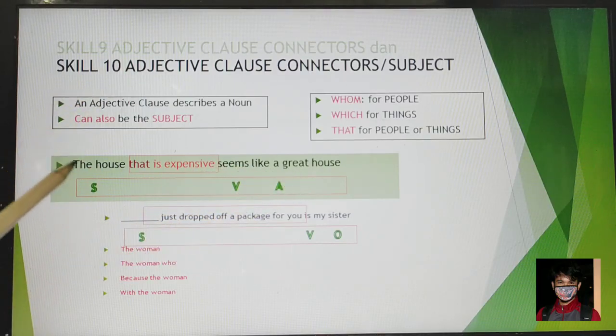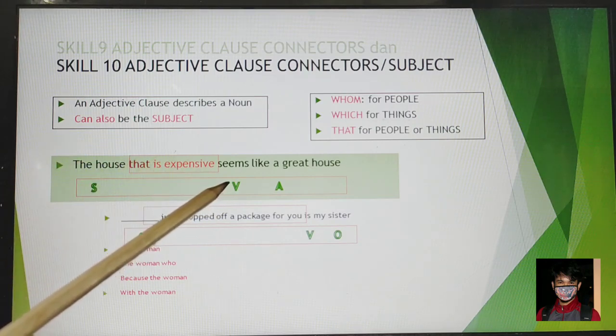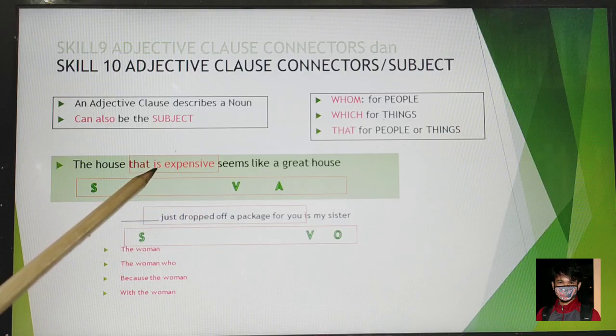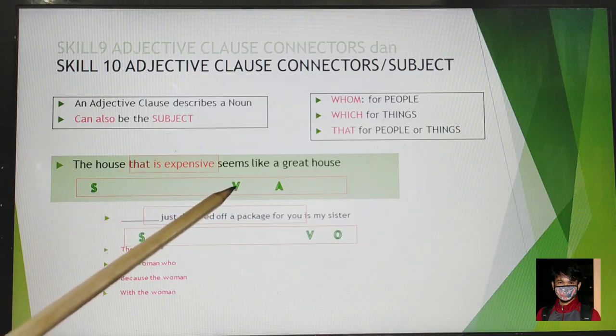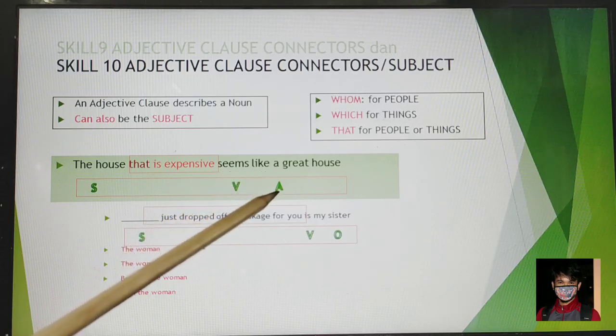The structure of the sentence is: the house is the subject, followed by the main verb. We know there is a dependent verb, and the main verb is seems, which is a linking verb, and like a great house is just like an adverb.